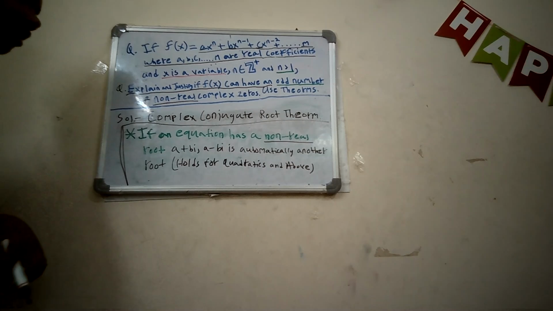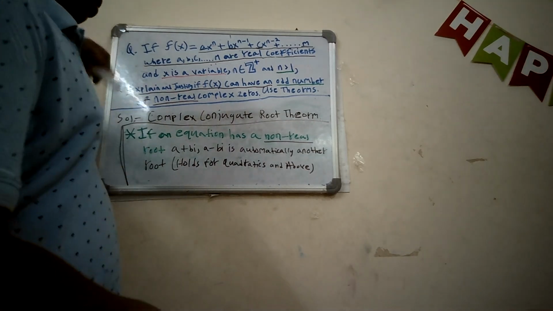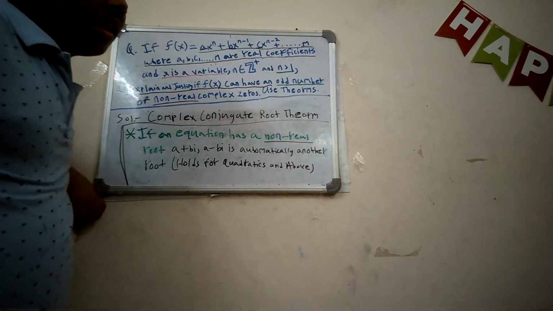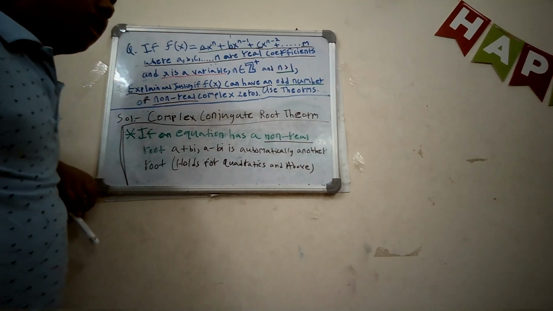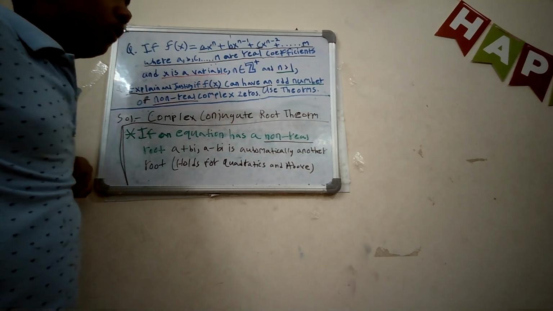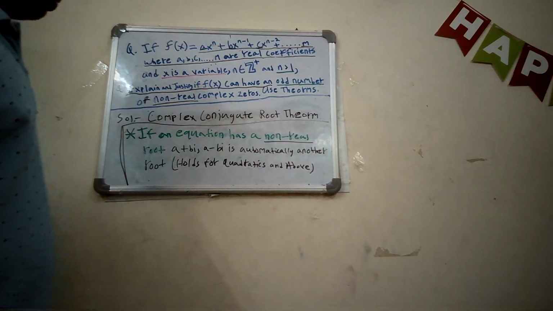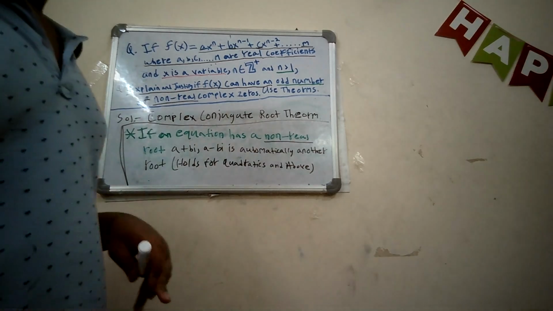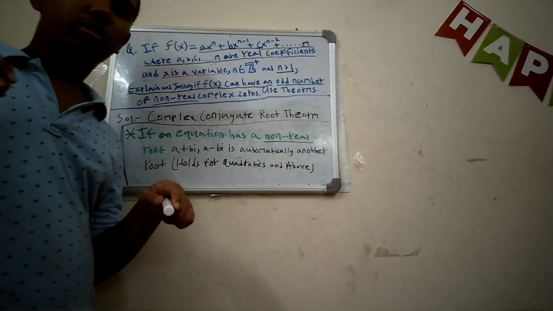For quadratics, if there are non-real complex roots, the solution would be something like negative b upon 2 plus or minus the square root of b squared minus 4ac upon 2, like that.